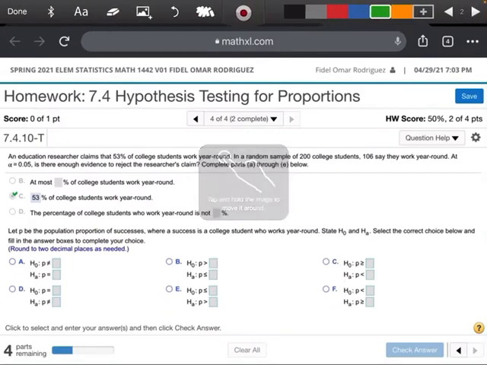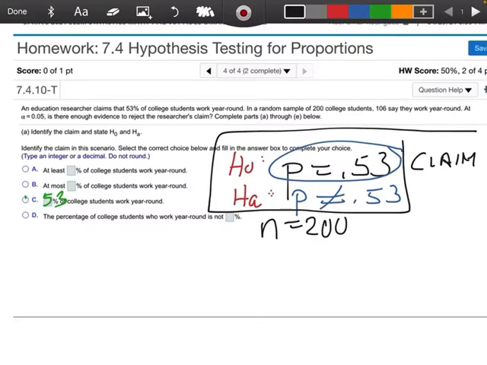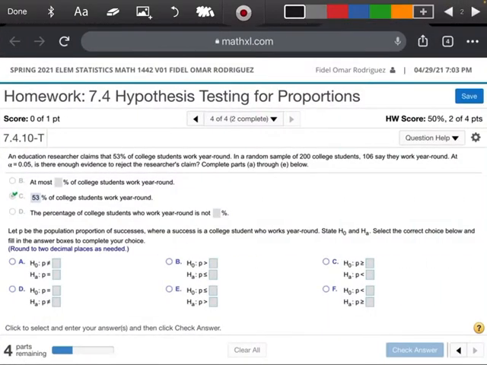Okay, so remember when I put in the first part, we had this right here, where my H0 was P is equal to 0.53 and my HA, P is not equal to 0.53. So I'm going to look over here. H0 is equal to and HA is not equal to, so I'm going to choose D with both of them being 0.53, right?